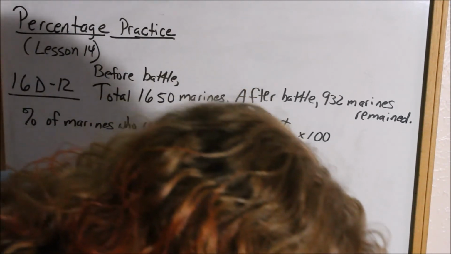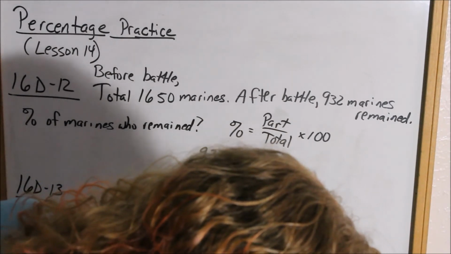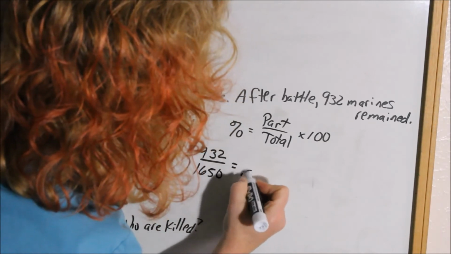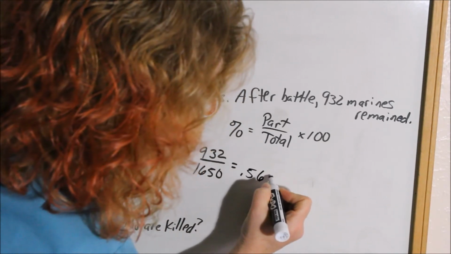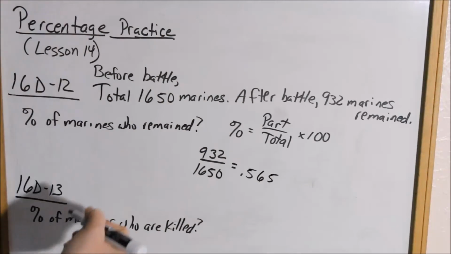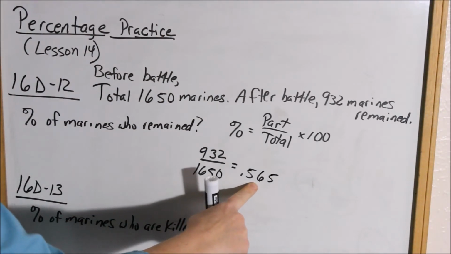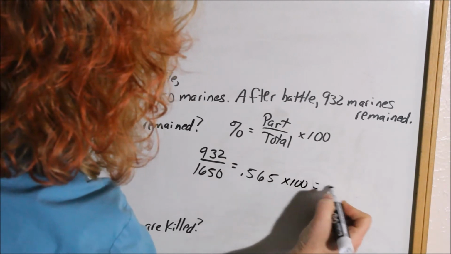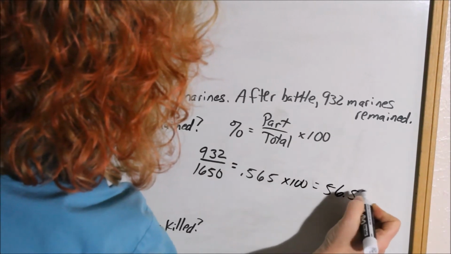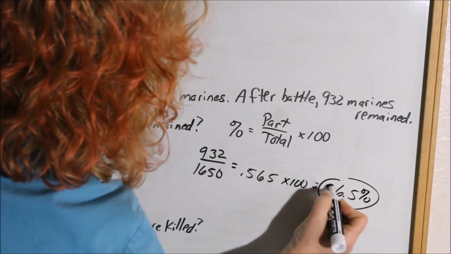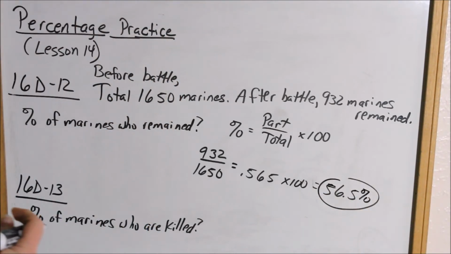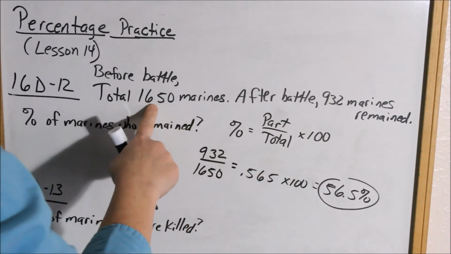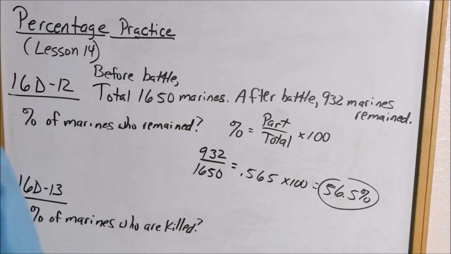So dividing that out, 932 divided by 1650 is 0.6565. I rounded, but you don't leave your percentage in a decimal. You multiply it by 100 to get a percentage, and that comes out to 56.5%. That is the percent of the Marines who remained. So 932 of 1650 is 56.5%.